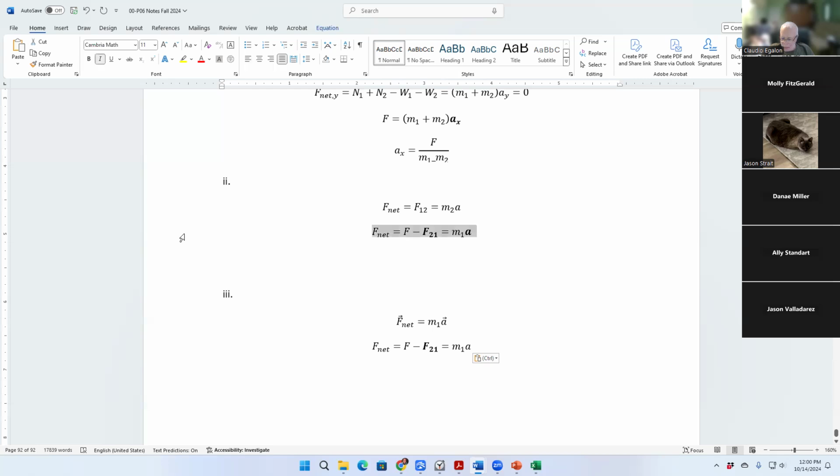Notice that we can find out the contact force between the two masses just by substituting this acceleration right in here.